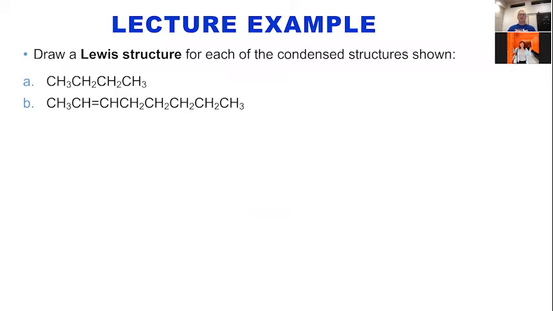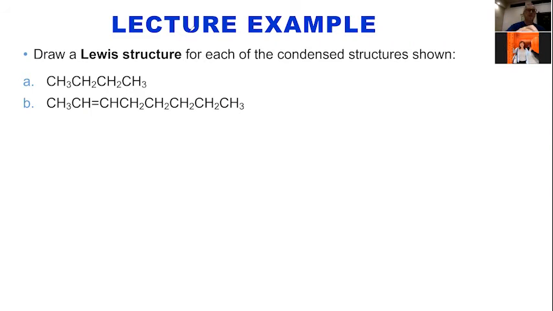So let's do an example here. So Lewis structures. Basically when you're drawing a Lewis structure for hydrocarbons, you find what's the length of the carbon chain.